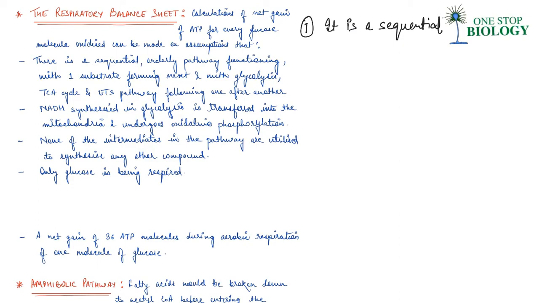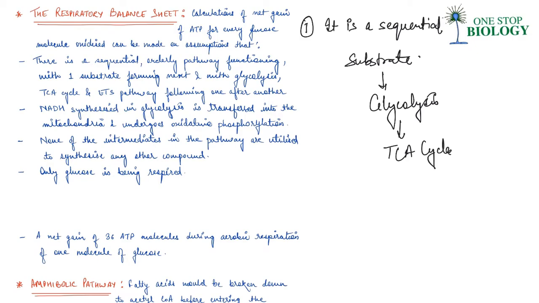This sequential process starts with a substrate which enters the pathway starting with glycolysis. Then this goes to the TCA cycle or the Krebs cycle, which further moves to the electron transport system and oxidative phosphorylation, and we get multiple products in between. We basically get energy in the form of NADH, FADH2, and directly as ATP. So the first thing is that it is a sequential process.